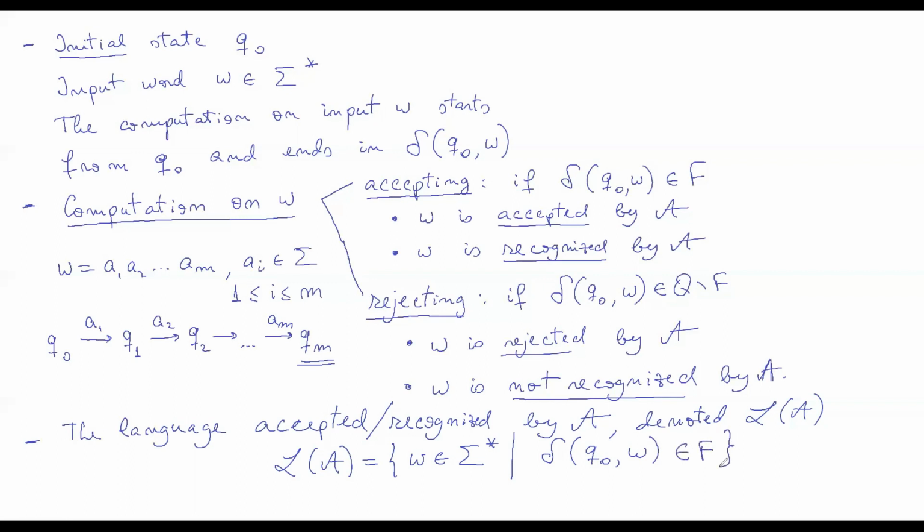So it's a set of all W such that delta of Q0 and W is a final state.